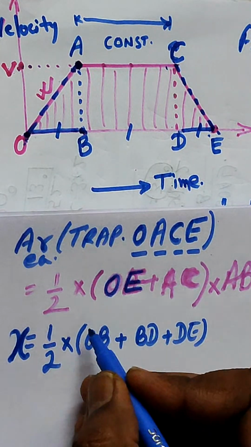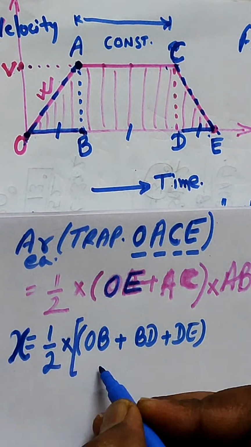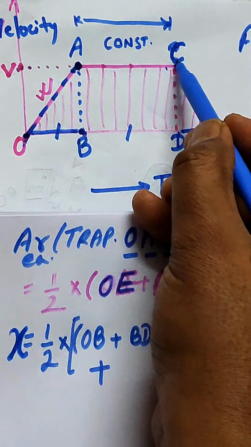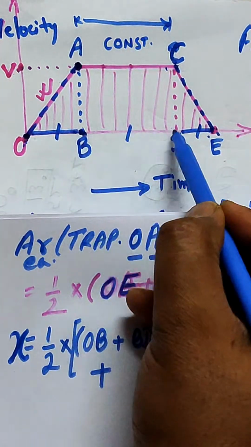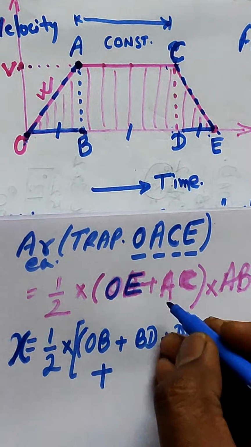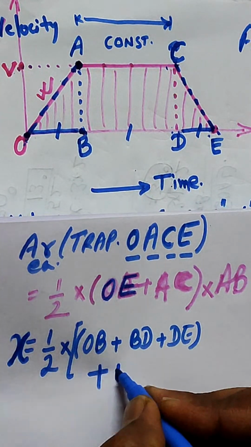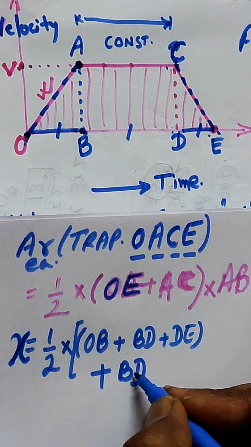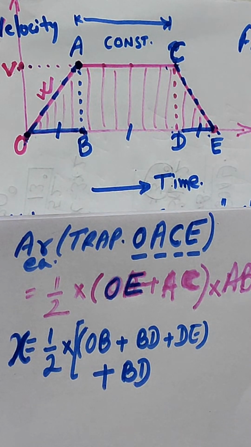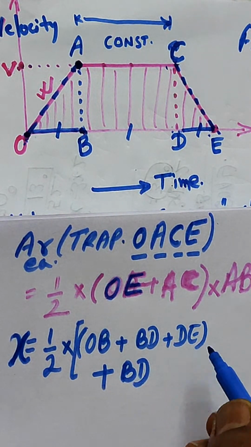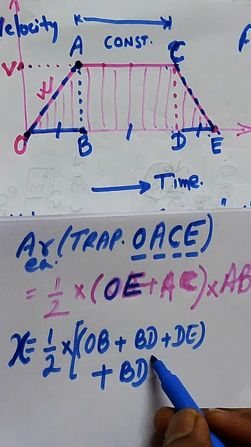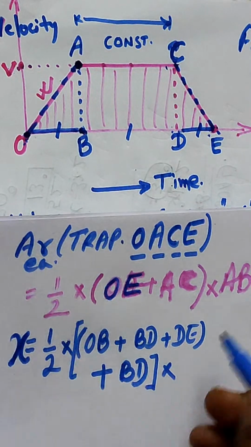Now, plus the value of AC. So AC can be said to be equal to BD, isn't it? AC is equal to BD. So write the value of AC as BD, so that you can see 2 times BD will be coming to you, right? Now the bracket will be closed, multiplied by AB.